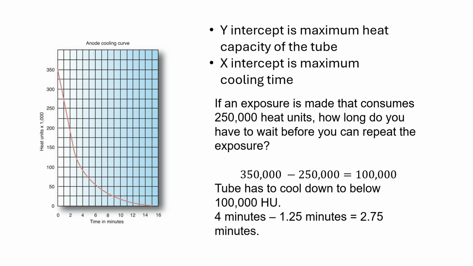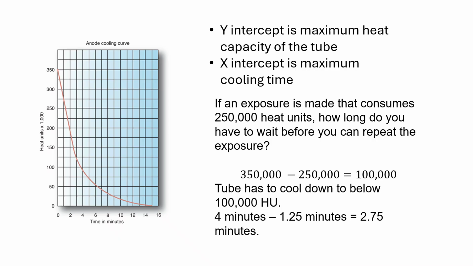So the tube has to cool from 250,000 down to below 100,000. So let's look at that on the curve. Let's find 250,000, and if we go over, you're going to find that that intersects the red line at a time t equals about 1.2, 1.25 minutes.